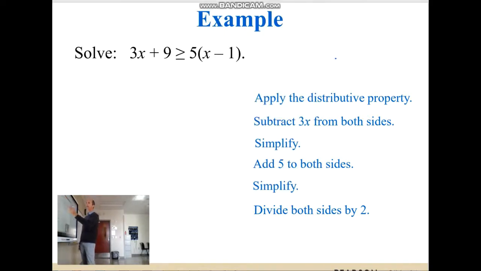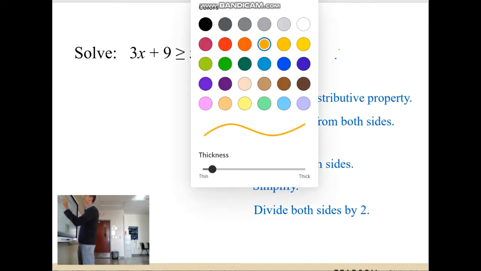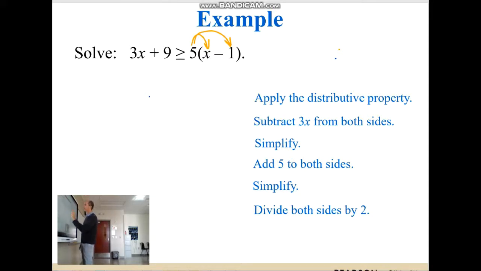First, apply the distributive property: multiply 5 times x minus 5 times 1. So we have 3x plus 9 greater than or equal to 5x, 5 times negative 1, negative 5.